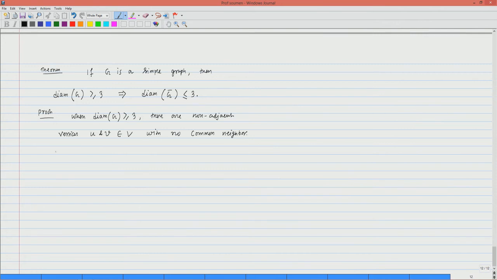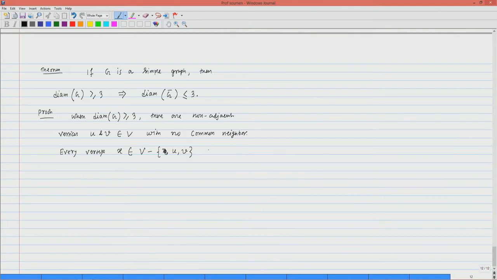Okay. Now, consider every vertex x in the set V except these two vertices u and v. We consider all other vertices.